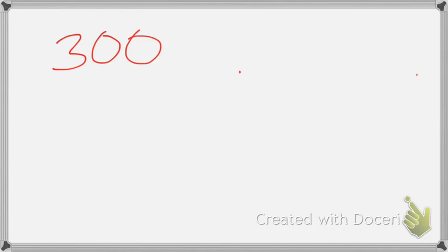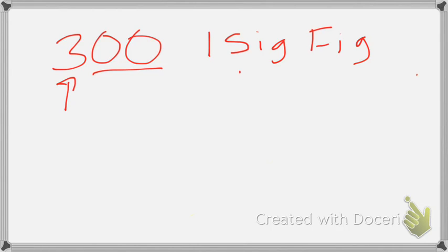Now the question is, are these zeros significant? The answer should be no. And the reason why is because there's no decimal place. So there should be only one significant figure, or what we call sig figs. And the 3 should be our estimated digit then.